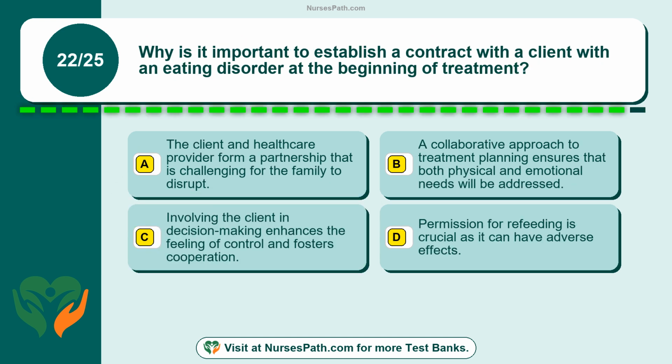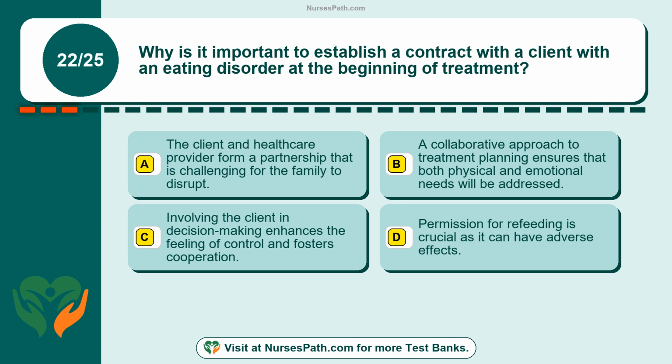Question 22. Why is it important to establish a contract with a client with an eating disorder at the beginning of treatment? Option A. The client and healthcare provider form a partnership that is challenging for the family to disrupt. Option B. A collaborative approach to treatment planning ensures that both physical and emotional needs will be addressed. Option C. Involving the client in decision-making enhances the feeling of control and fosters cooperation.